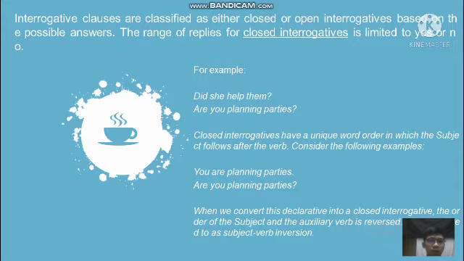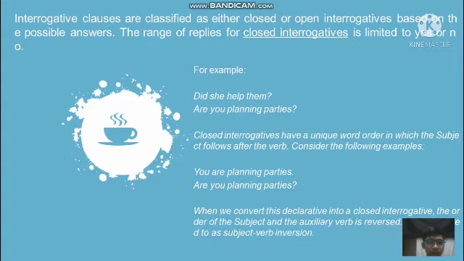Closed interrogatives have a unique word order in which the subject follows the verb. Consider the following examples. You are planning parties. As you can see, the subject follows the verb in: are you planning parties?